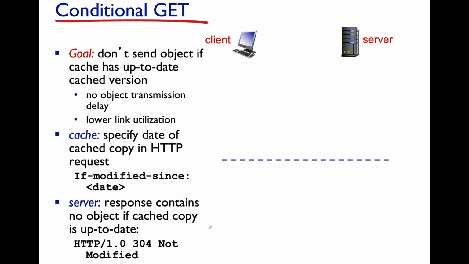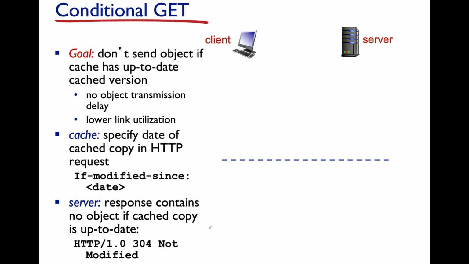So the cache, we said, acts like a client when it reaches out to the origin server. And so the cache is going to specify the date on the cached copy in its HTTP request that it makes to the origin server. And it says, if modified since this date.